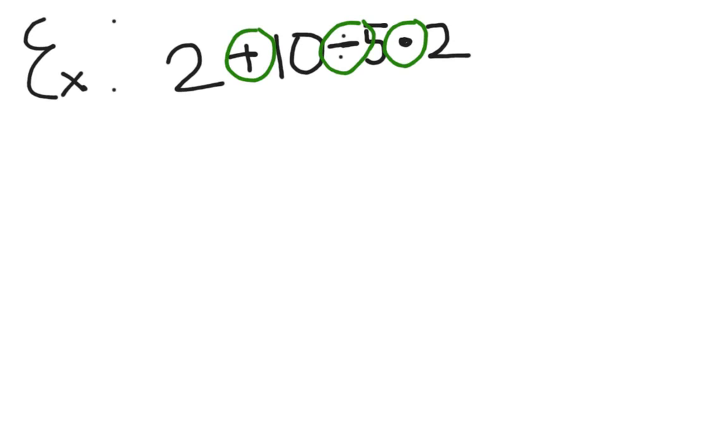And I know that I do multiplication and division in the order that they appear from left to right. So I'm going to start by doing 10 divided by 5. You'll notice that as I go through this problem, I'm going to point out and underline the operations that I'm doing to keep track of it and to really be clear when I'm showing my work.